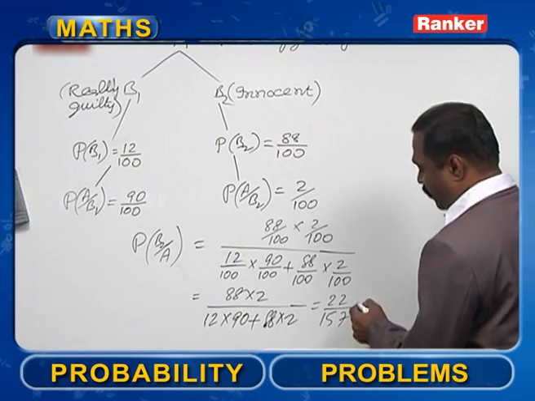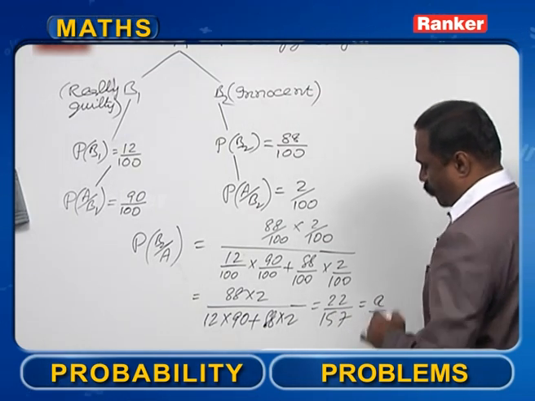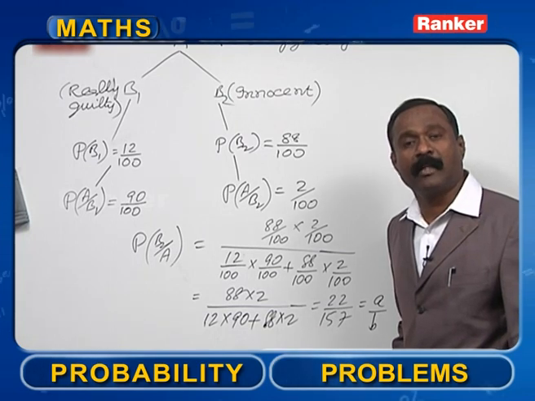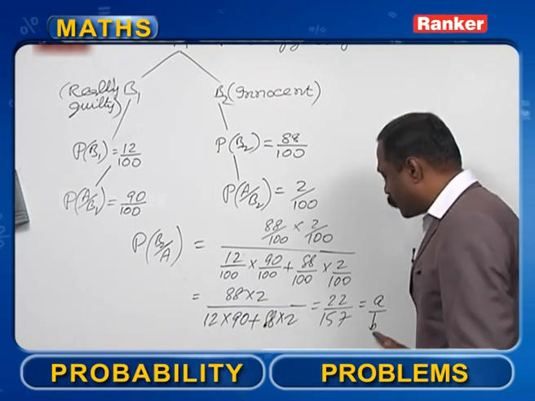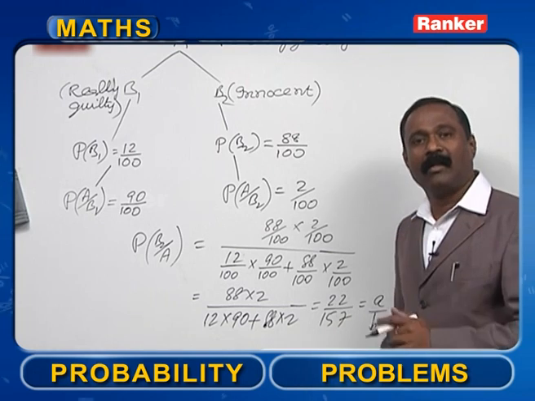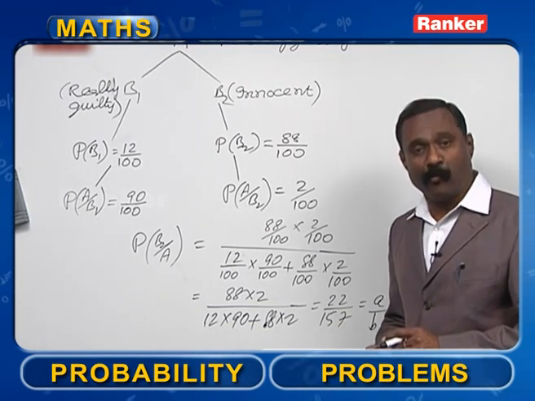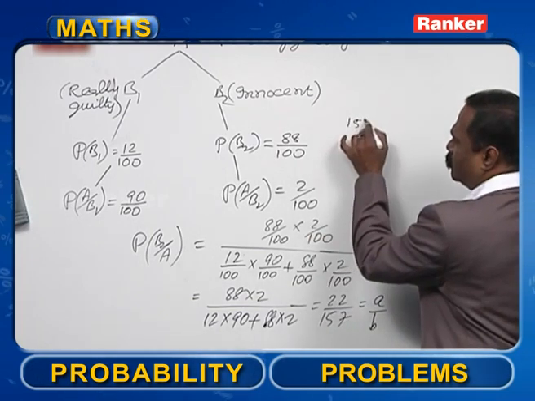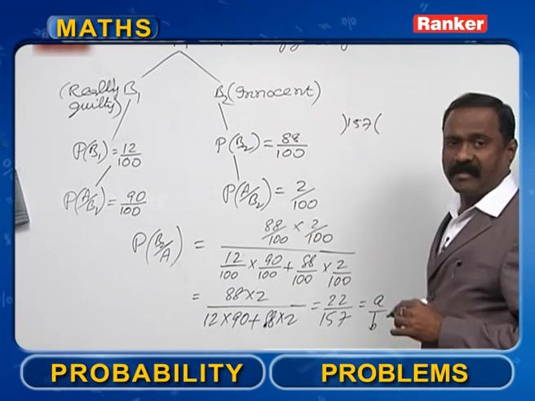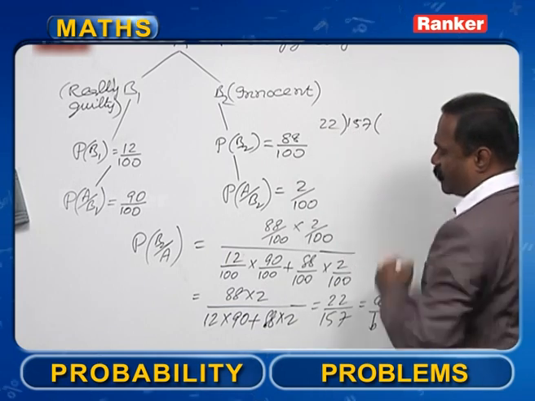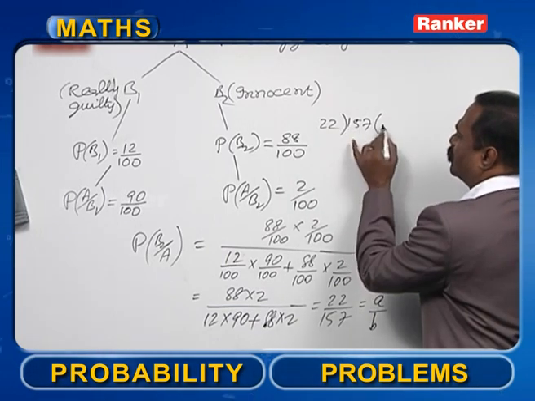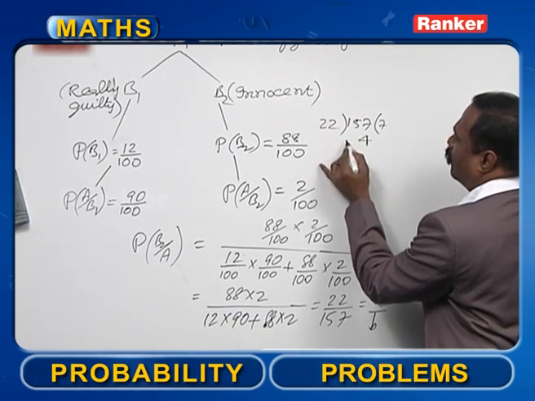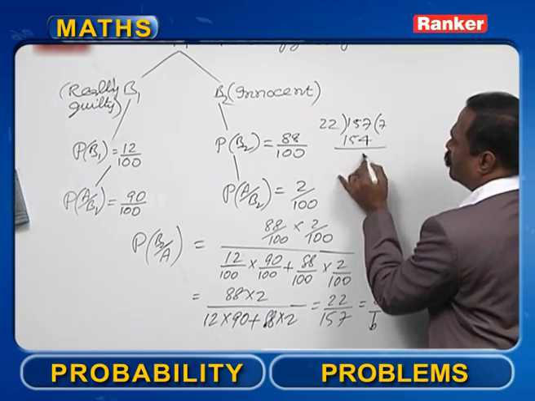And it is given to be A by B, where A and B are relatively prime numbers. What is the meaning of relatively prime numbers? The GCD of these two numbers is 1. How to find the GCD? As in your lower classes, divide 157 by 22. 22 7s are 154, 157 minus 154 is 3.